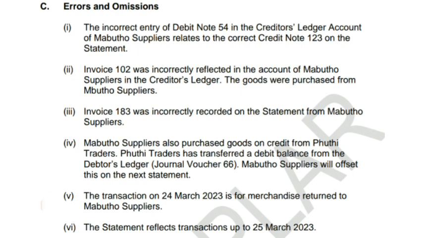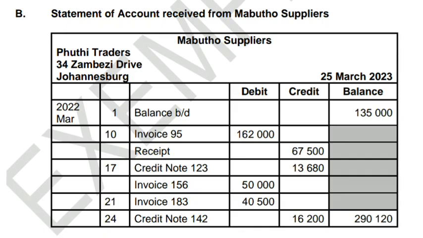Then in Roman figure 5, it says the transaction on 24 March 2023 is for merchandise returned to Maputo suppliers. So remember that we do have situations where we buy on credit, the goods come on default, and so we return those goods, and that's why we have to issue a source document called a credit note.